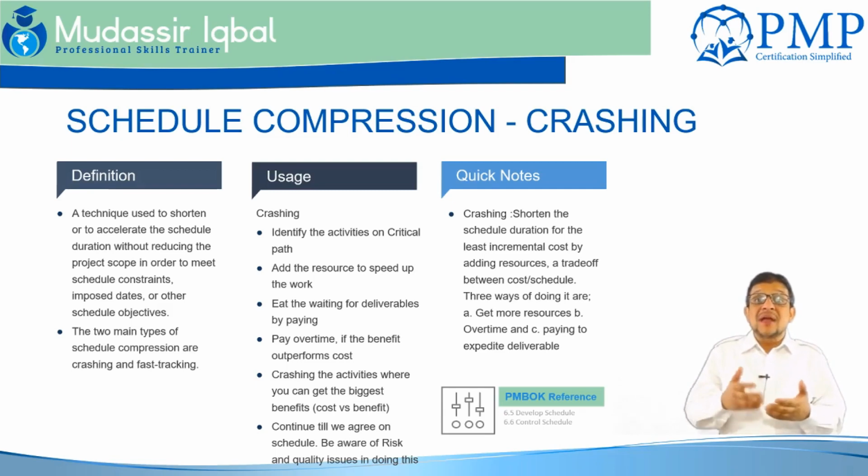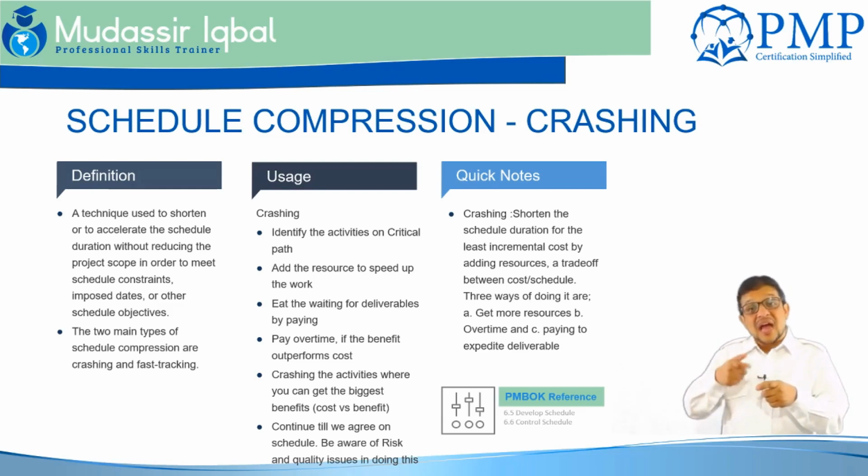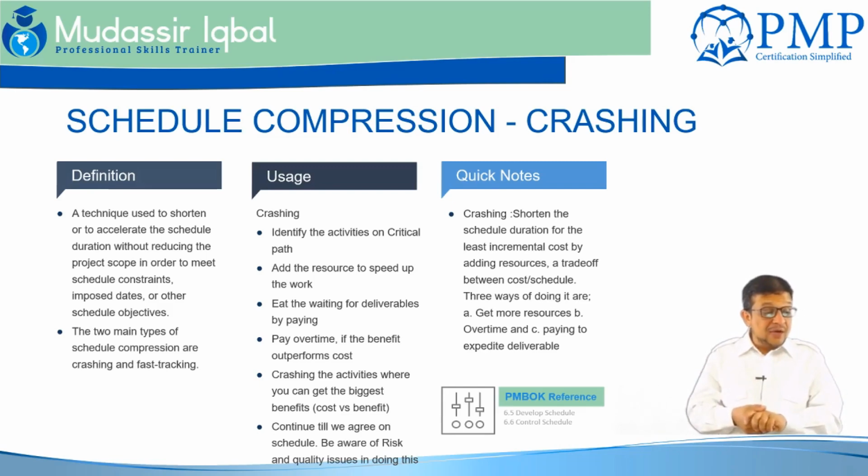With overtime, these resources would get additional money and financial support, and they would be willing to do it, but after 8 hours of work they may not have the energy to deliver 4 additional hours or 2 additional hours. And C, paying to expedite the deliverable. So these are the 3 ways you can do crashing.